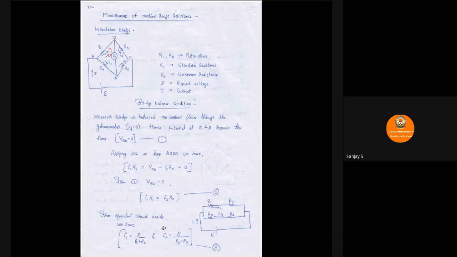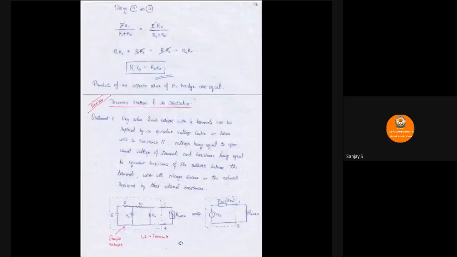Now we'll have to substitute equation number 3 in equation number 2. In equation 2, we have I1 R1 is equal to I2 Rx. In place of I1 and I2, I'm going to substitute E by R1 plus R2 and E by Rs plus Rx. So I have E by R1 plus R2 into R1 is equal to E by Rs plus Rx into Rx.